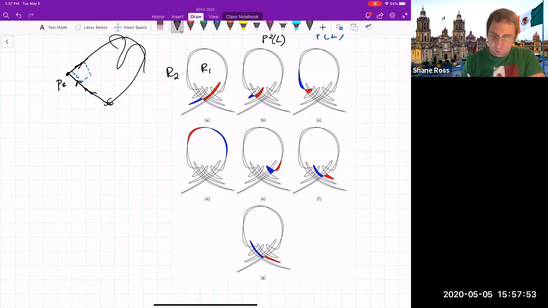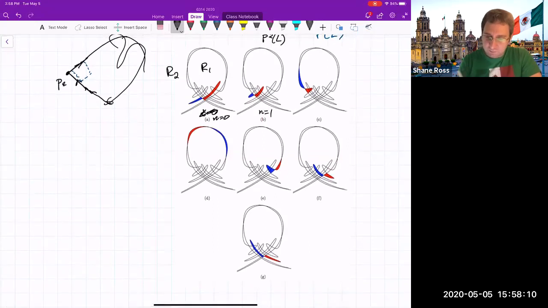As we march forward in discrete time under the Poincaré map, this is n equals 0. Here's after one iterate of the map, the lobes have moved a little bit. At n equals 2, they've moved a little more. N equals 3, kind of at the outer edge, n equals 4.